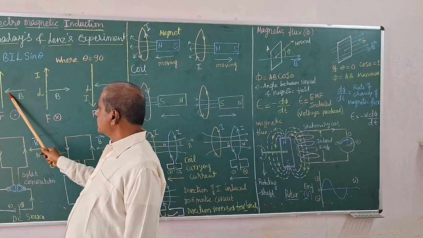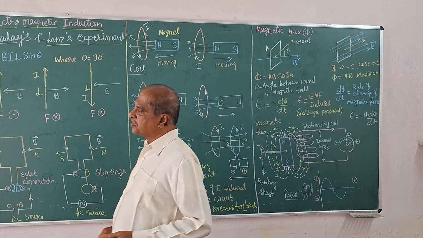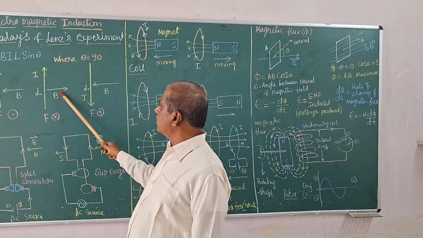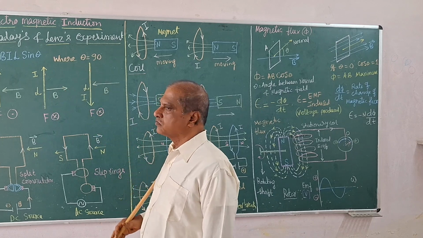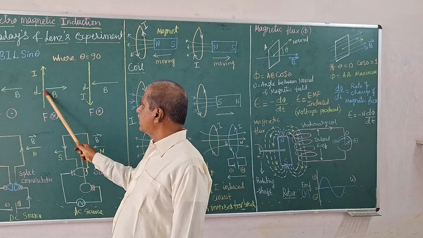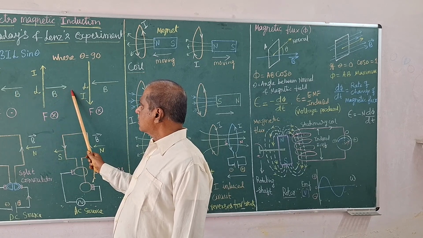If this is the direction of the magnetic field and this is the direction of the current, let us change the direction of either one. What will happen? Let us change the direction of the magnetic field to the opposite side.